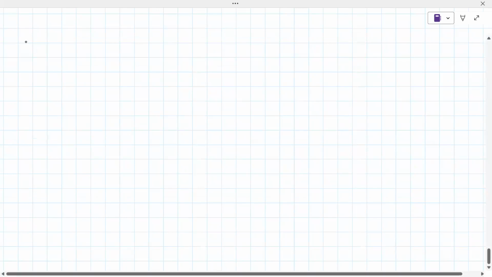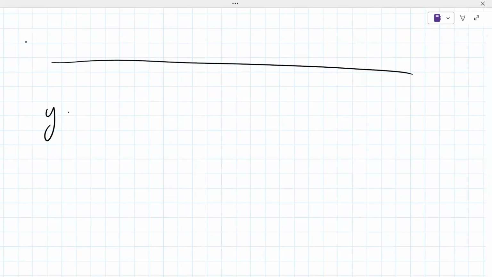Let's do a quotient rule here, just to make sure we do at least one. So let's go e to the 7x over the natural log of 3x. Go ahead and give that a try, please.